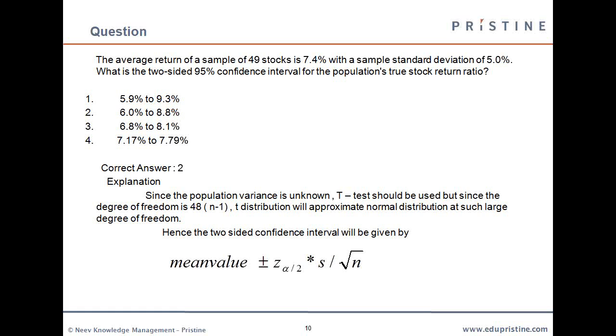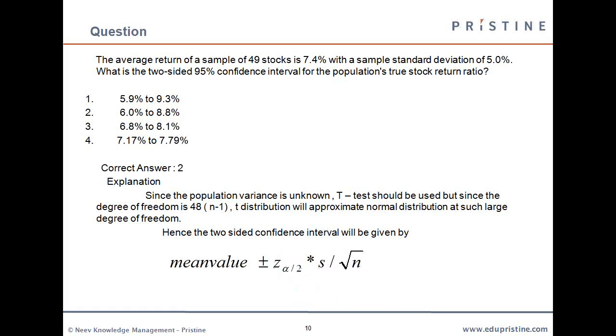Since it's a two-sided test, we have to use the critical value z at alpha by 2, which we have to look up in the z table. This term is your standard error, which is the sample standard deviation, given to be 5%, divided by root n.